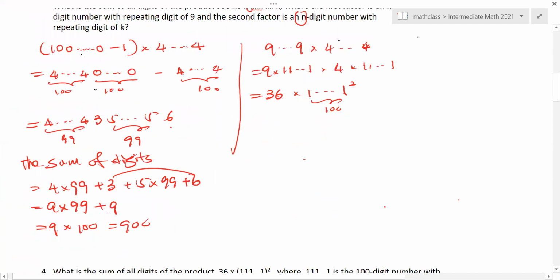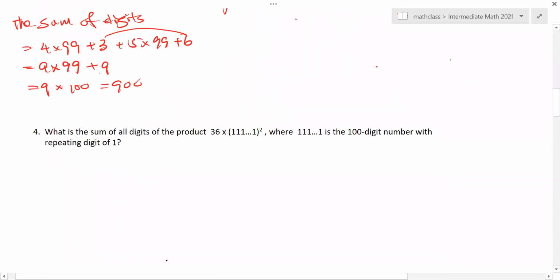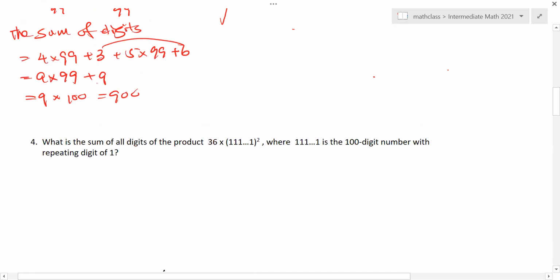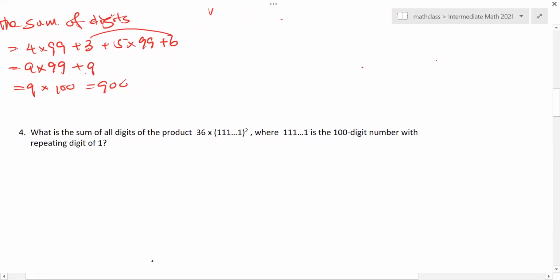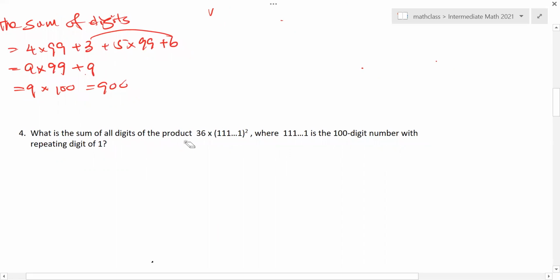Okay, so now let's take a look at the next problem. This is a problem related to the above. What is the sum of all the digits of the product? If you multiply this out directly, then you cannot solve it.